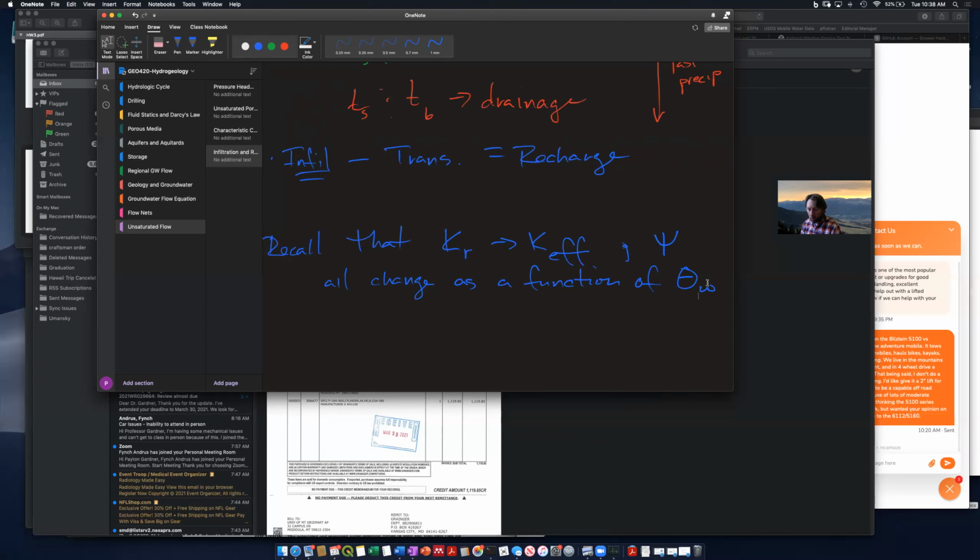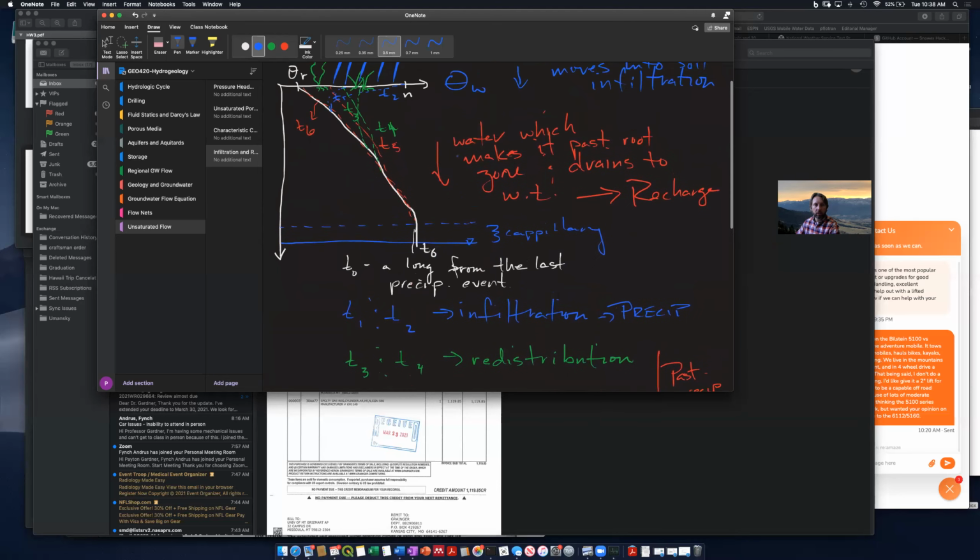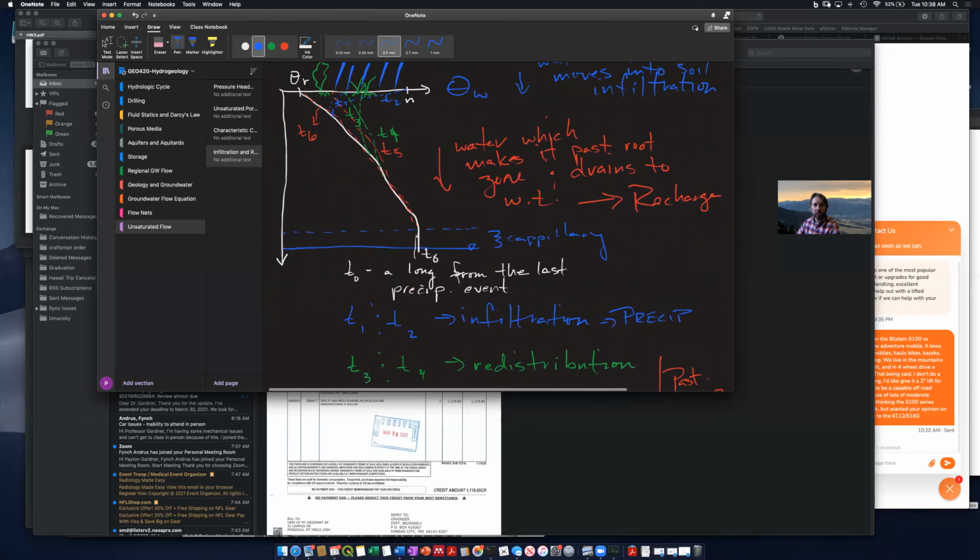So the more saturated we are, the lower the negative capillary pressure, and the less water we have, the lower the effective hydraulic conductivity.